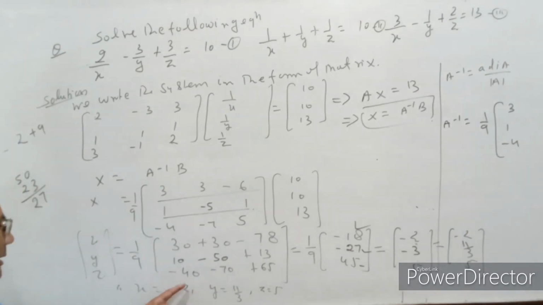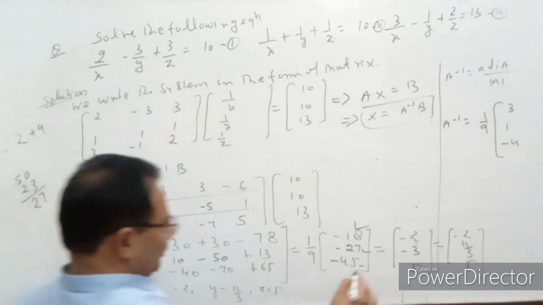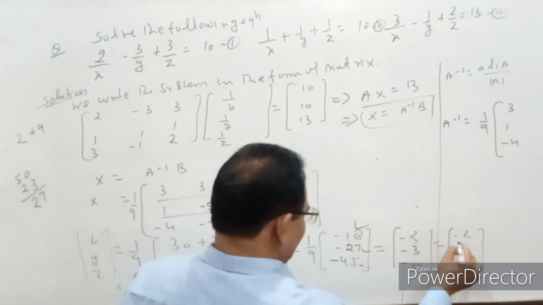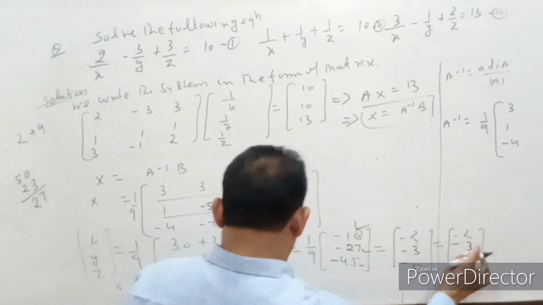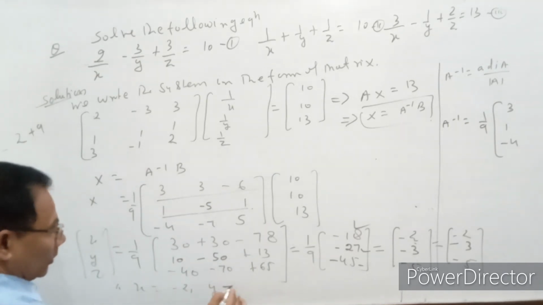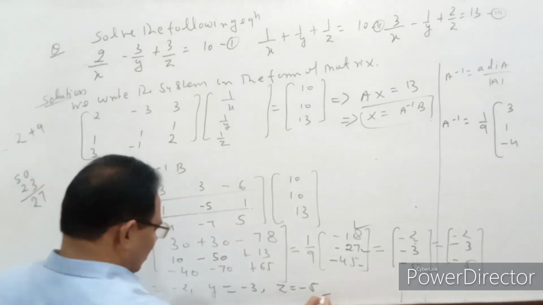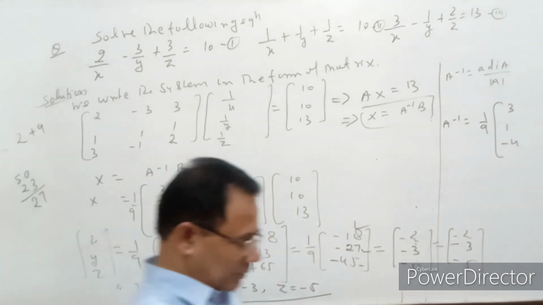Now that is 40 or 70 -65 -45, and this is equal to -3 and -5. So therefore x is equal to -2, y is equal to -3 and z is equal to -5. This is the answer.